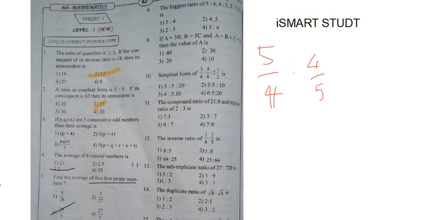Those who are following my videos from the beginning may know that when you are comparing ratios, you have to do cross multiplication like this. Now 5 5s are how much guys? 25. Right, here 25.